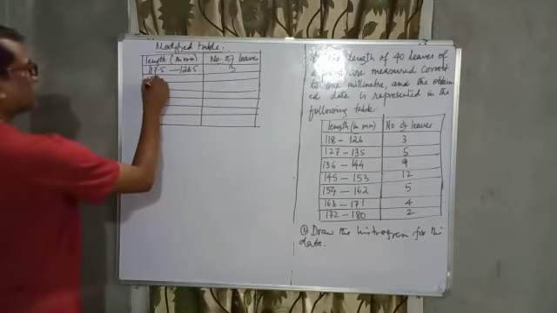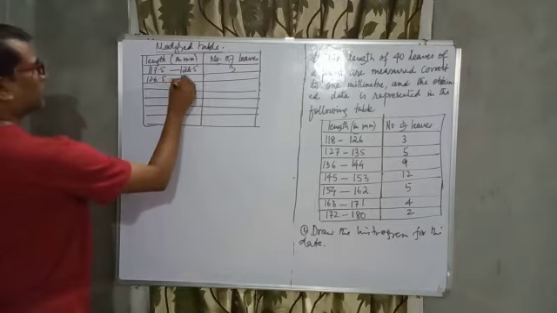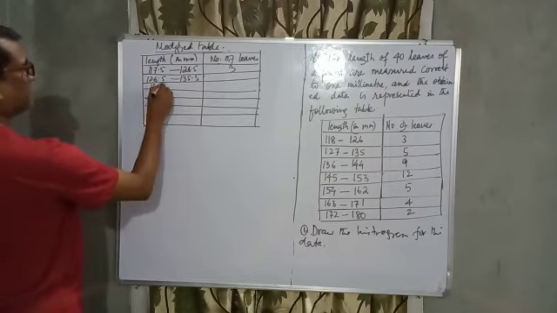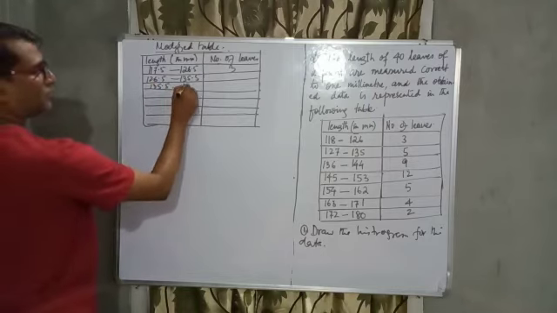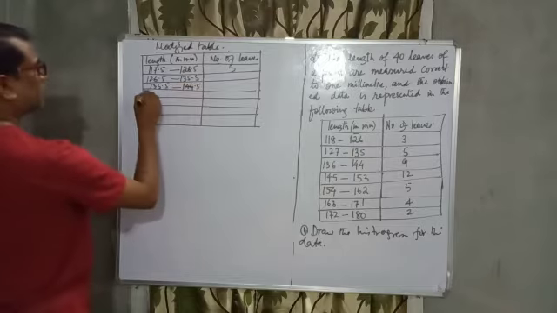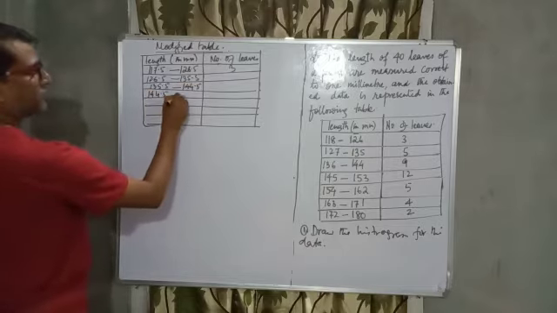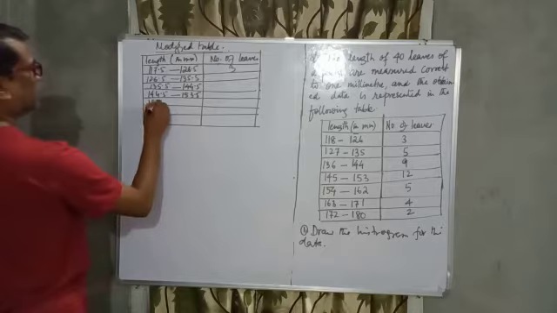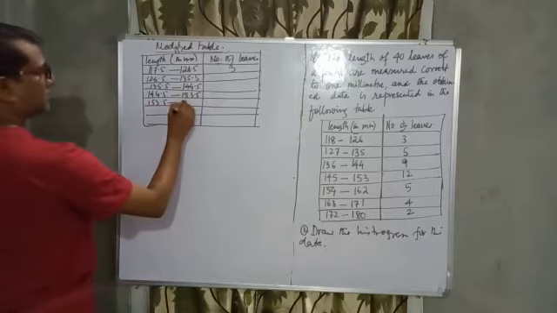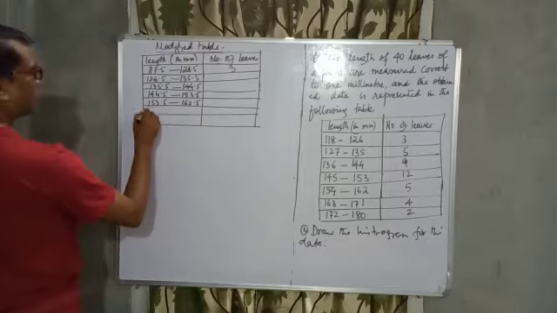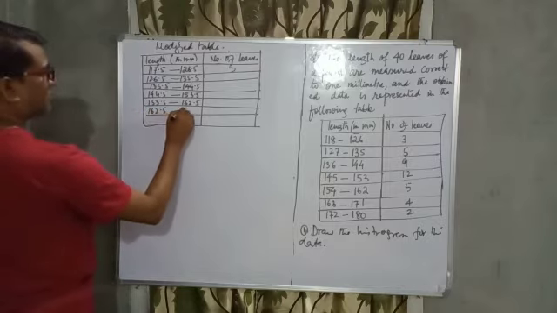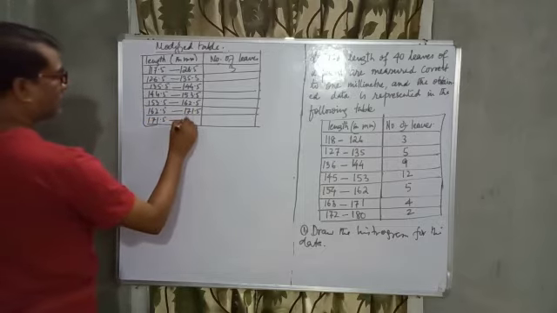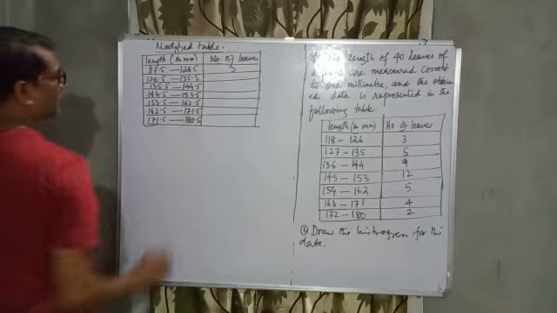Then 126.5 to 135.5. Then 135.5 to 144.5. 144.5 to 153.5. 153.5 to 162.5. 162.5 to 171.5. 171.5 to 180.5.